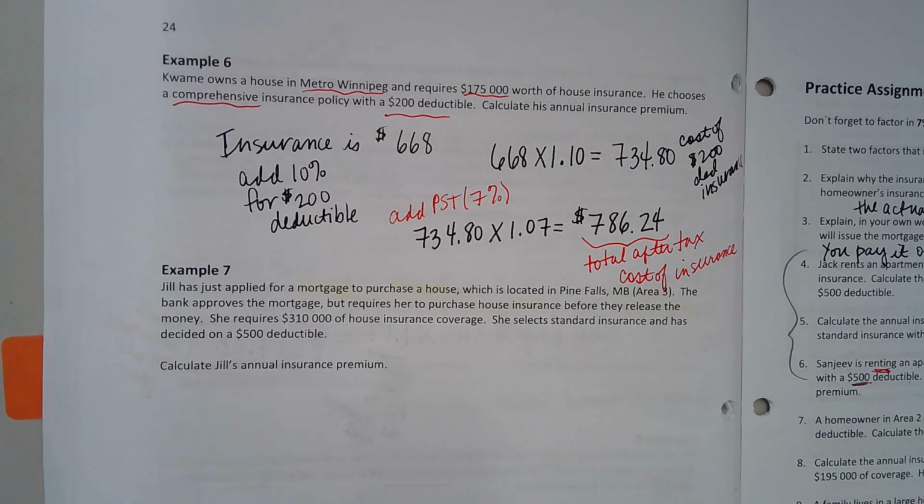Same steps over and over, right? You have an extra step if you want 200 deductible, you have to add the 10% on, and then you always end up with adding 7% at the end.